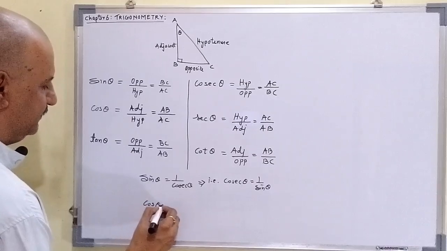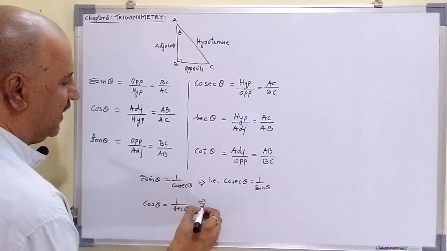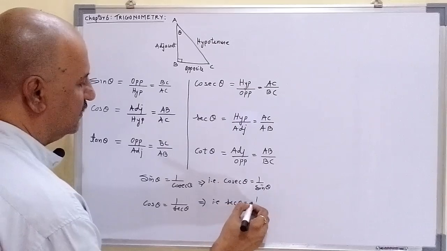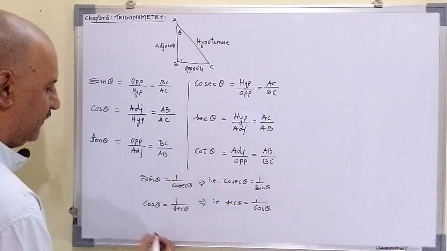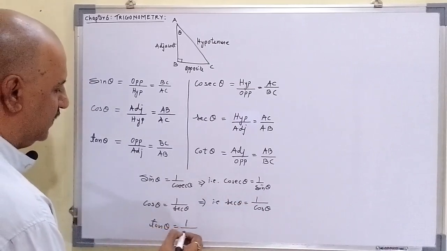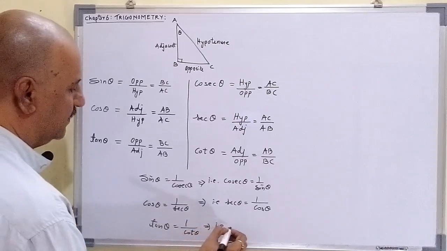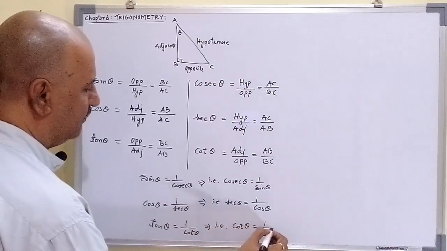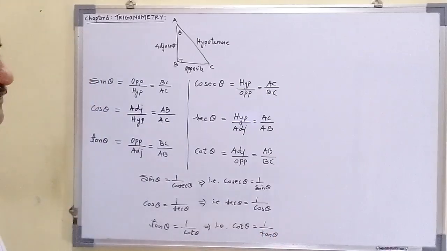Cos theta is 1 upon sec theta, which implies sec theta is 1 upon cos theta. And tan theta is 1 upon cot theta, which implies cot theta is 1 upon tan theta. Remember this.